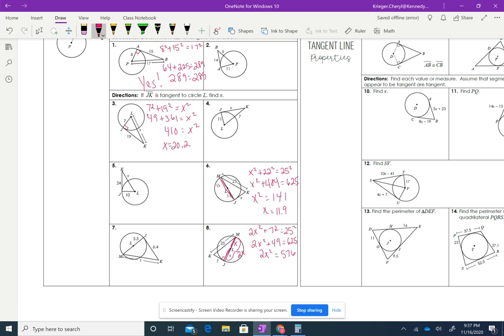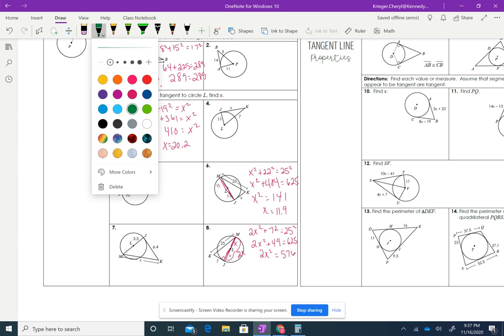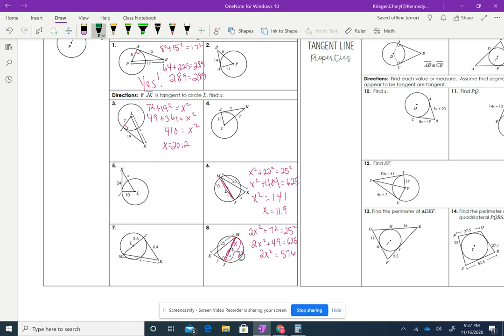Maybe instead of 2x squared, I should have said y the whole time. So that's my mistake. Let's change this to green, some other variable, and we know to divide by 2 at the end, right? So this is y squared throughout. Okay, because I don't want to divide by 2 and then take the square root. That won't give me the right answer.